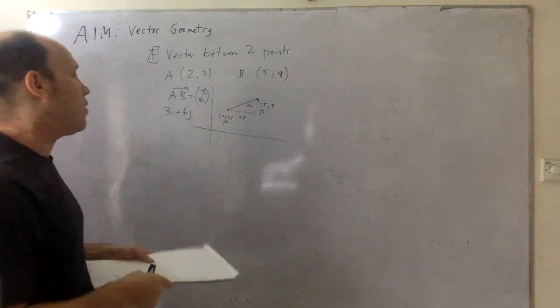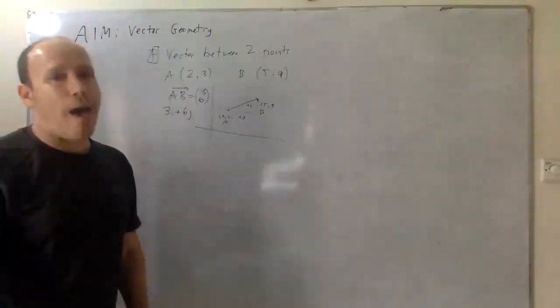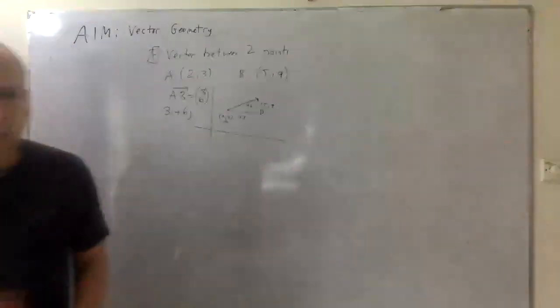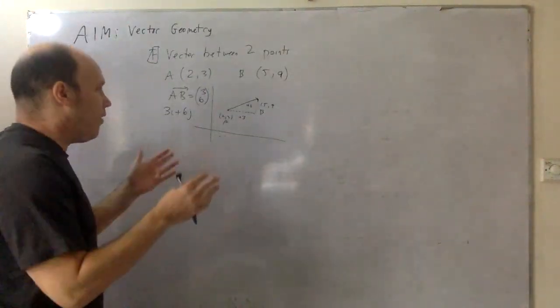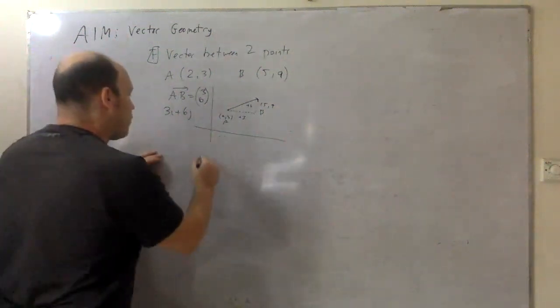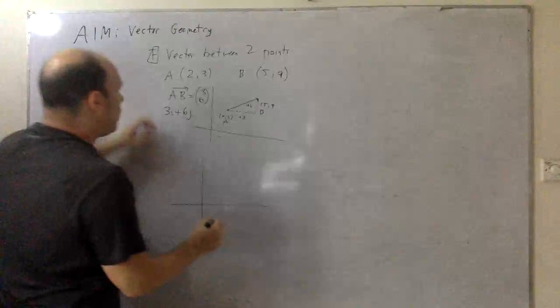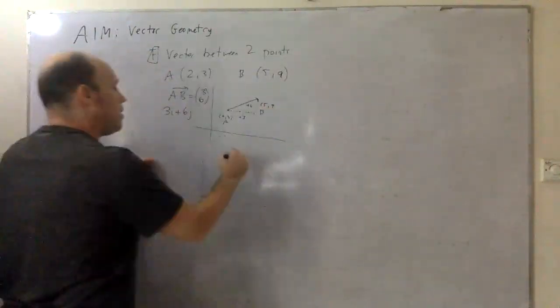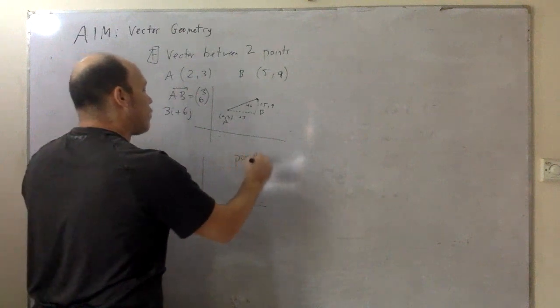the interesting thing is, how do we tie this back to the displacement of vectors and the whole traveling idea? So let's think about this. Let's reintroduce the idea of position vectors.